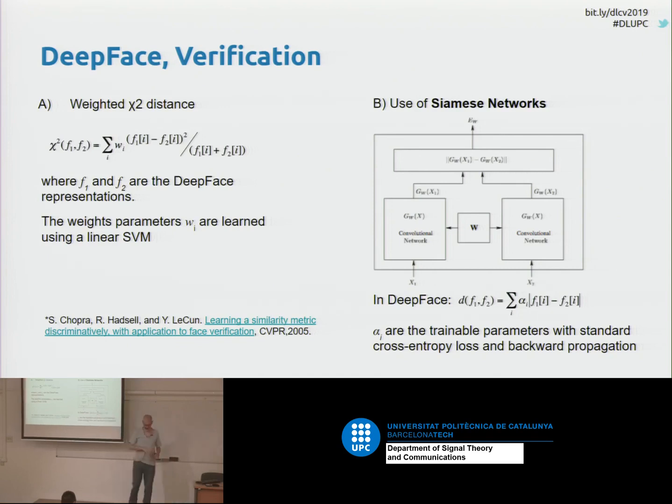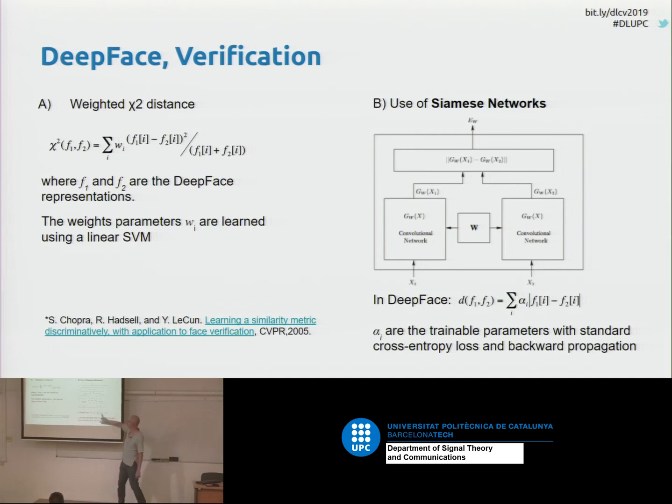A Siamese network is a solution that tries to perform metric learning. In metric learning, you try to generate embeddings that have the property that the feature vectors are close in the Euclidean space for faces of the same person and far away for faces of different persons. Okay, so you learn the embeddings so that they fulfill this property. You can do that by duplicating the convolutional neural network, so the weights here and here are the same.